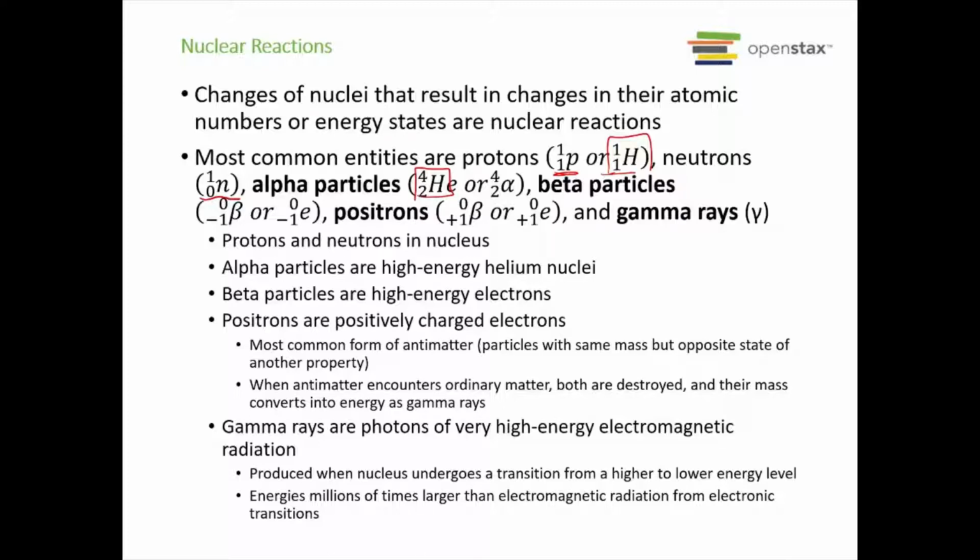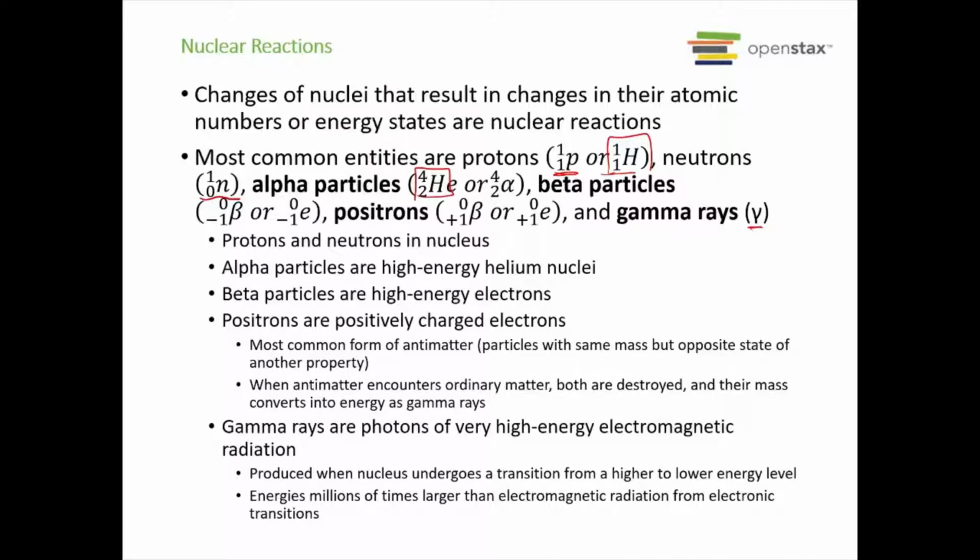Beta particles are either 0 -1 beta or 0 -1 e for electron. And then positrons are basically the opposite of beta particles, 0 +1 beta or 0 +1 e. And then gamma rays are just the Greek gamma symbol. They don't have electrons or protons or anything to do with them.